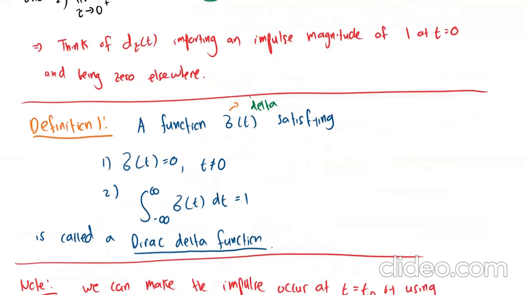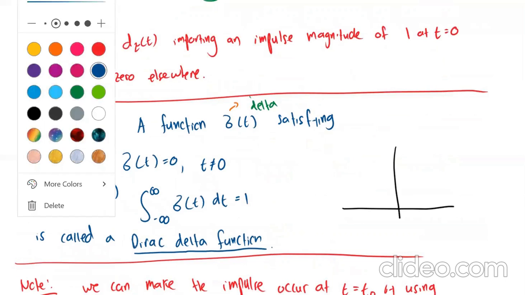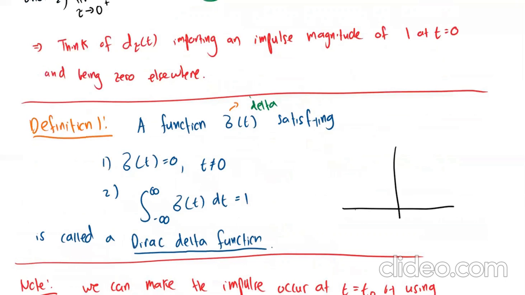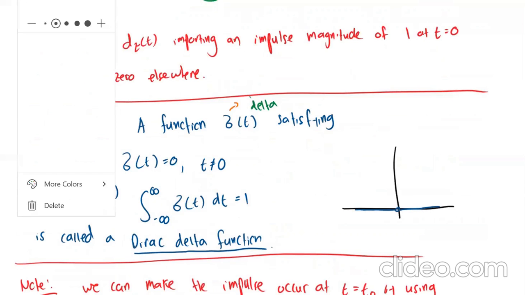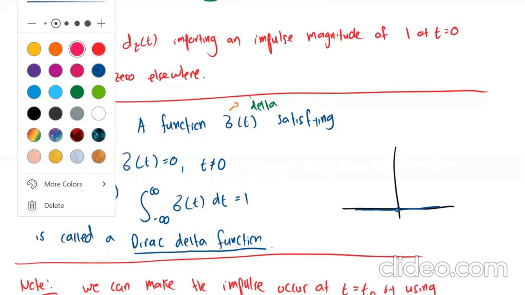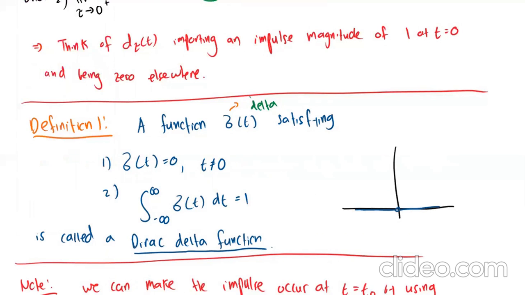So how do you want to think of this? The picture is going to be a little bit hard to draw. Again, it's centered at 0, but we can shift this anywhere we want. If you want to see how this graph looks, it would look something like this. And then here you have whatever value you have for your function, which would have to be 1 in this case because of condition 2.